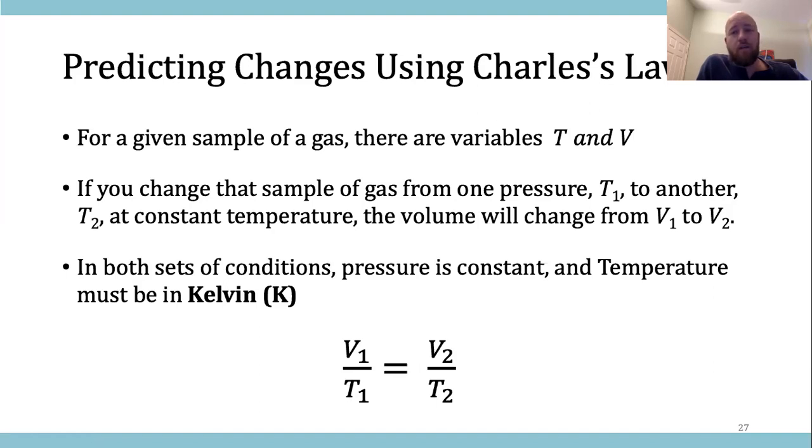You can't divide by 0, so it doesn't work mathematically. So we can't use a scale where 0 is a possibility. We can't reach 0 degrees Kelvin, so the absolute scale works out best for us here. So these temperatures must be in Kelvin in order to proceed with this.